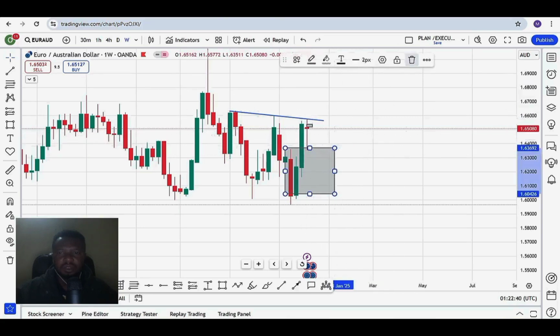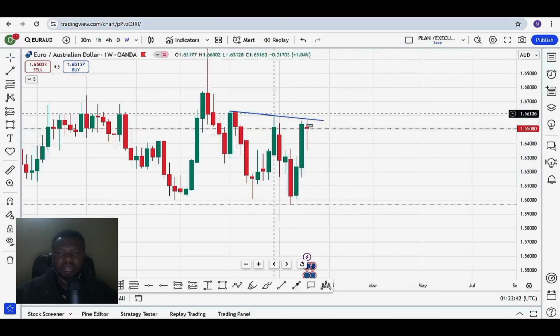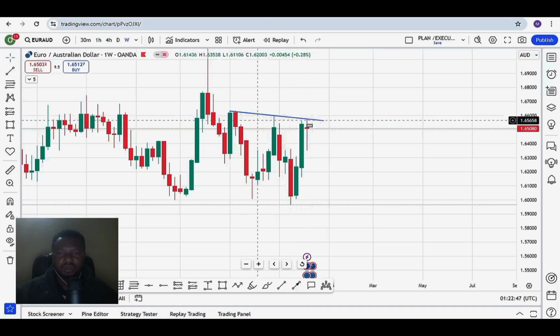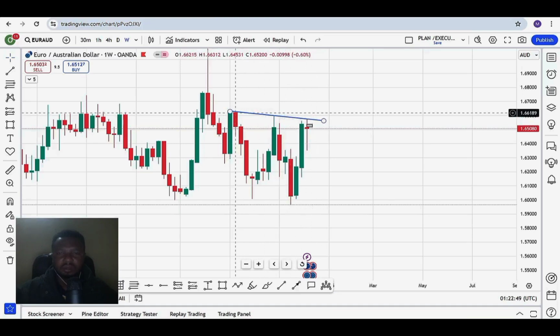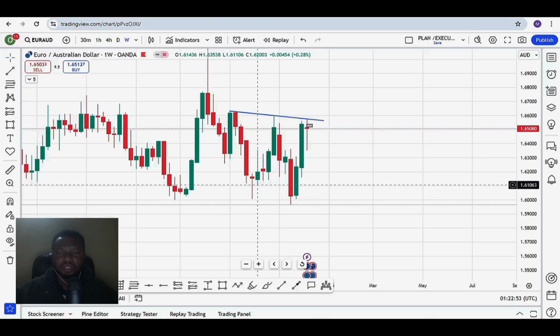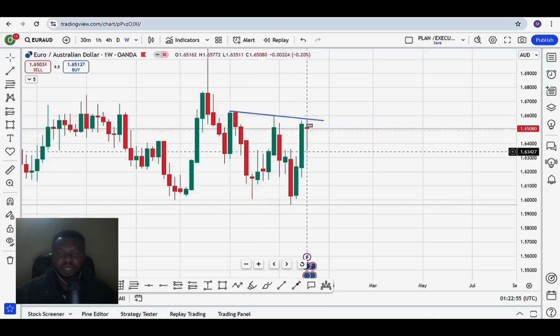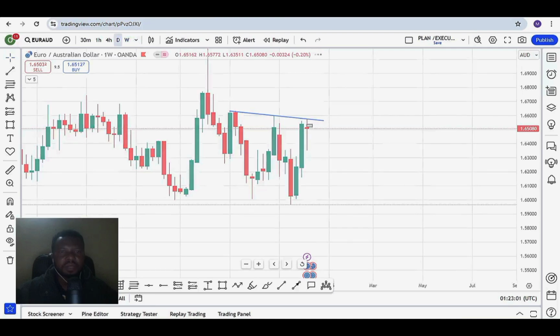And if you look closely, we have this liquidity resting above this resistance zone. Whenever price comes to this zone, it pushes down. Price immediately came here, pushed down to this level, and is rejecting to the upside.